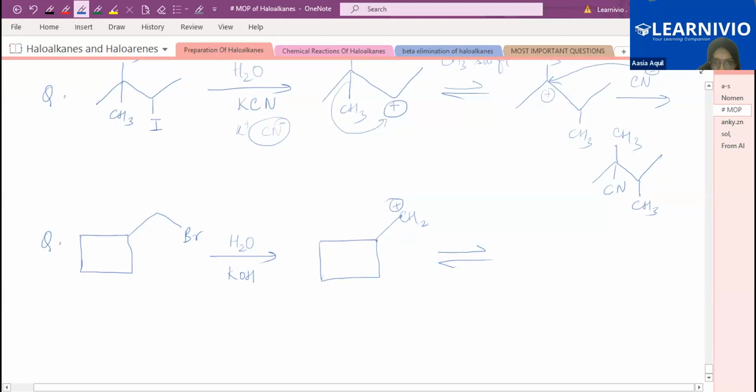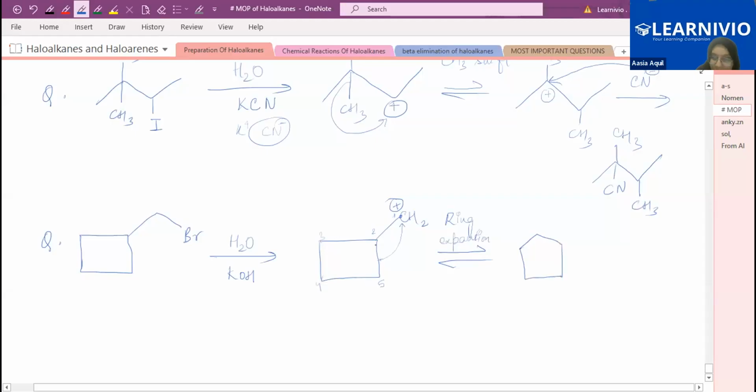Now see, suppose this is your first, second, third, fourth, fifth. Okay. So what happens? This carbon's bond extends and attaches to it. And so basically this is known as your ring expansion. Ring expansion. What will happen? The four-membered ring just converts to the five-membered ring.